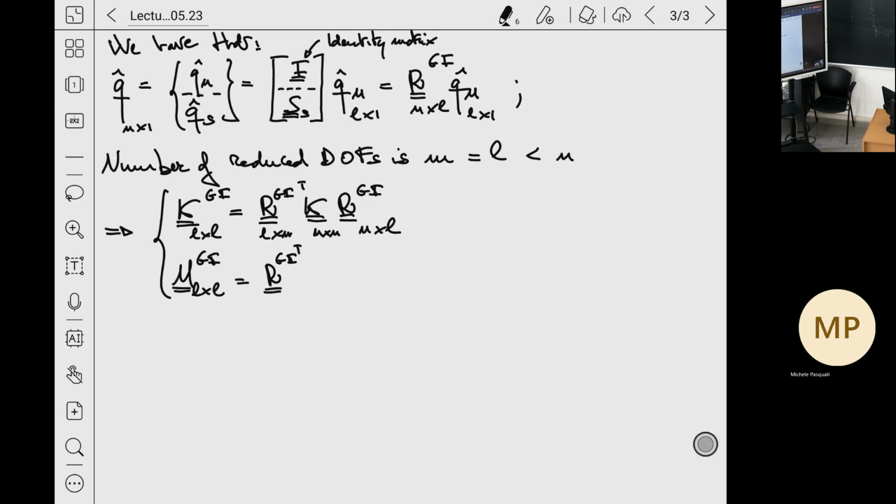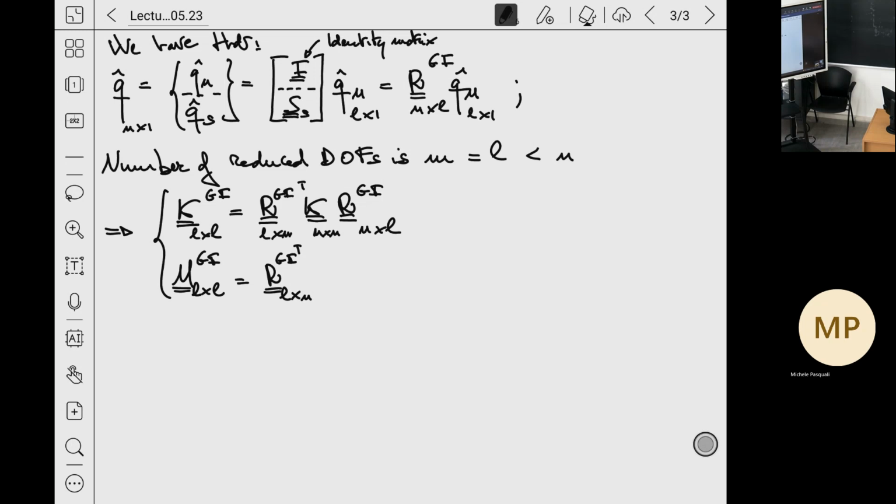Remember that these two equalities that I'm writing now come from the hypothesis of considering conservation of the kinetic and of the elastic energy. Okay, if you remember, we saw it last time.